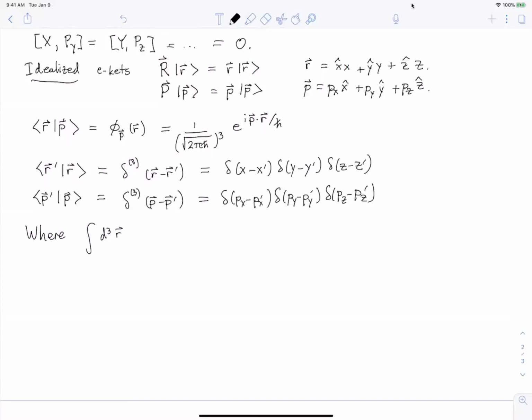If you integrate over some volume in 3-dimensional space of the 3-dimensional delta function of, let's say, r minus r prime times some arbitrary function, f of r, the result is one of two things. It's either f of r prime, if r prime is in the volume V, or it's 0 otherwise, if r prime is not in the volume.